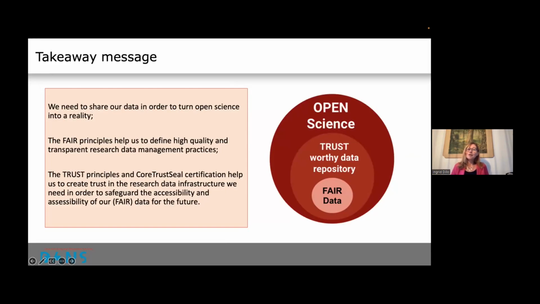We also need things like the TRUST principles and CoreTrustSeal certification, because they help us to create trust in the research data infrastructure. And again, that research data infrastructure is needed if we want to safeguard our data, not only now, but also into the future. So if we want to keep the data FAIR, we need that whole environment.